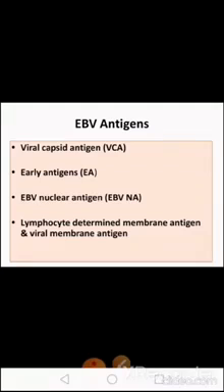Epstein Barr virus nuclear antigen, which is located in nucleus bound to chromosomes, and it's also helpful in diagnosis. Lymphocyte determined membrane antigen and viral membrane antigen. Viral membrane antigen is also important. Neutralizing activities directed against this viral membrane antigen.